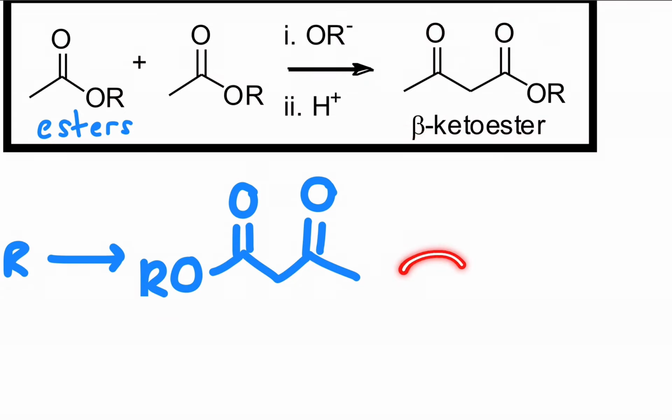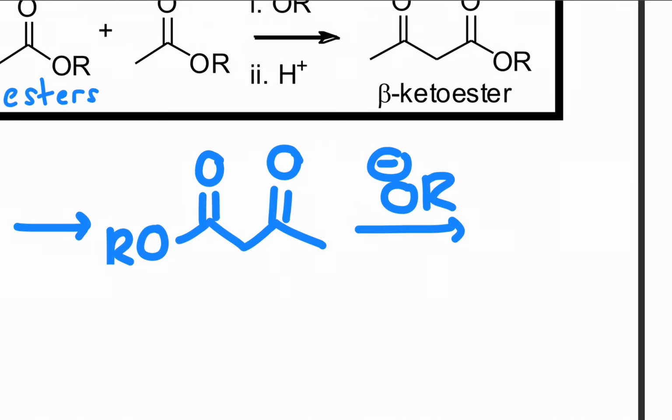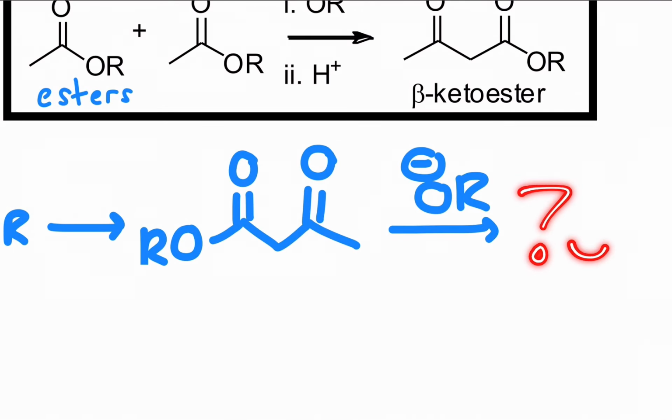You are not done. There's actually still more to this mechanism. I just kicked out a very strong base, didn't I? And yes, it could reversibly come back in, but there is something much faster that happens instead, and hopefully that's a good giveaway.